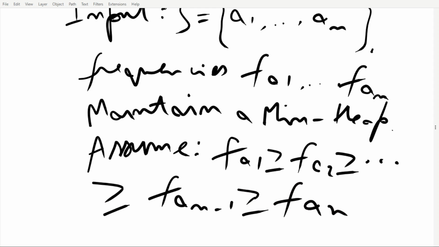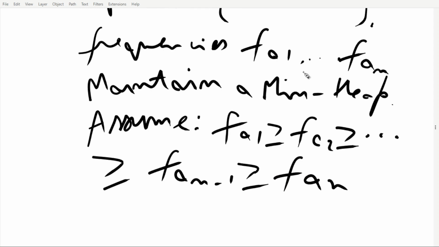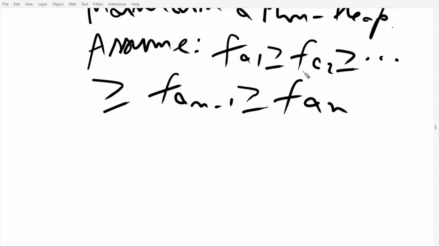So this we assume. So we are maintaining a min heap and we repeat the same process until a single element exists.